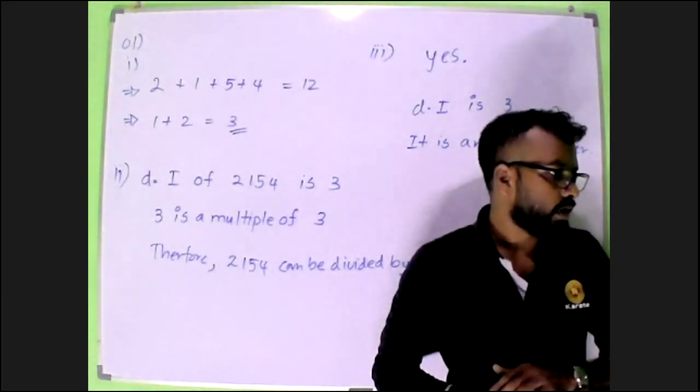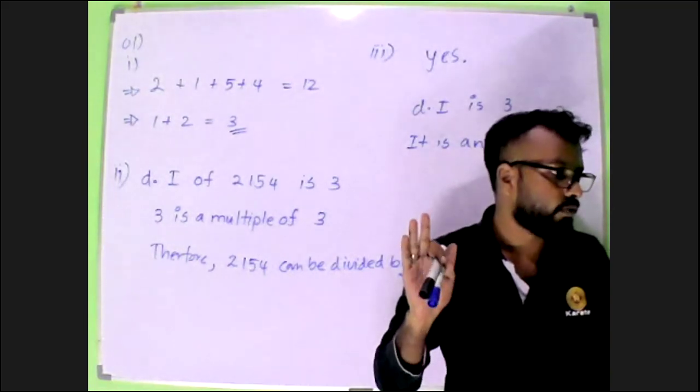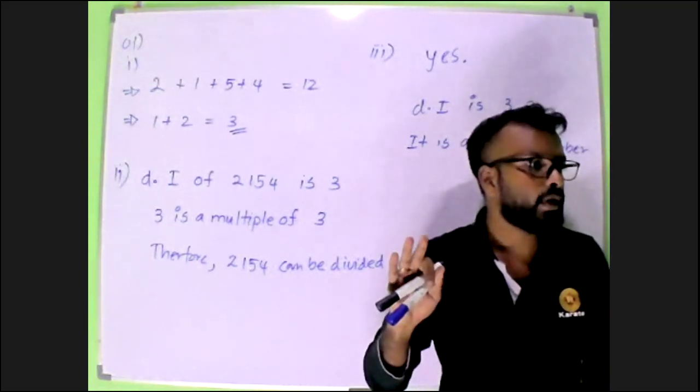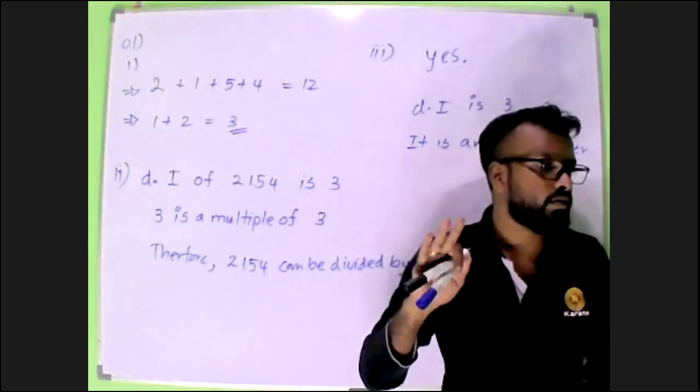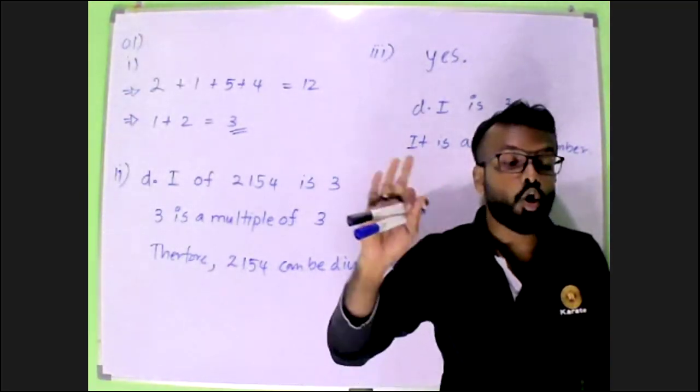Using all the 3 cards of 2, 3, and 5, how many numbers can be arranged which are divisible by 5 without a remainder? Right, all of them.